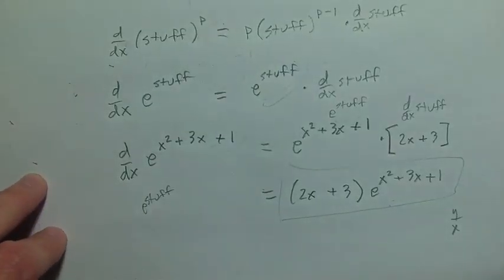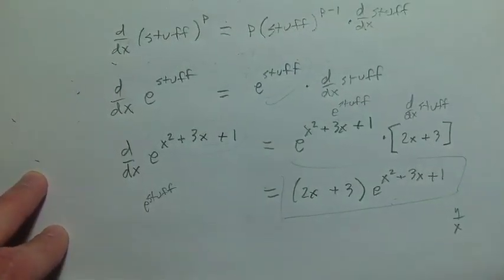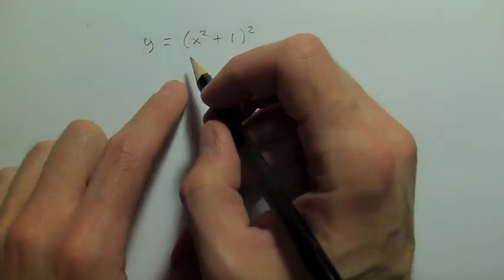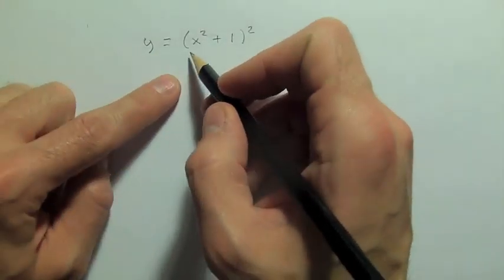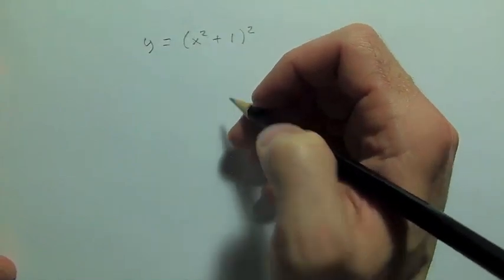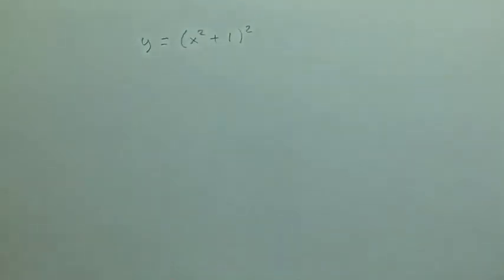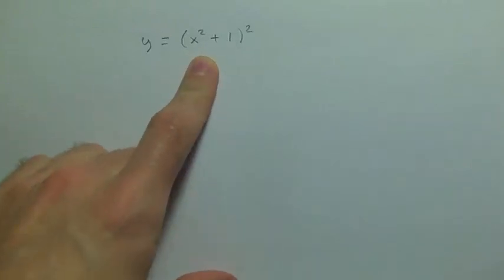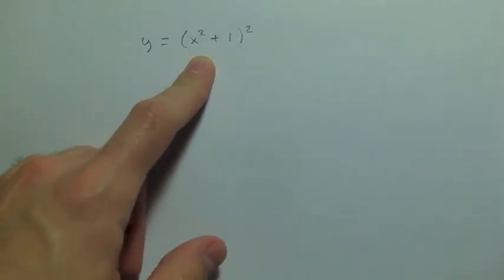So let's take a look at some more examples. Okay, so let's start with a simple one. We're just going to do y is equal to x squared plus 1, all squared. The nice thing about this example is we can actually check it not using the chain rule, because originally what we would have done with this problem is just FOIL this out.